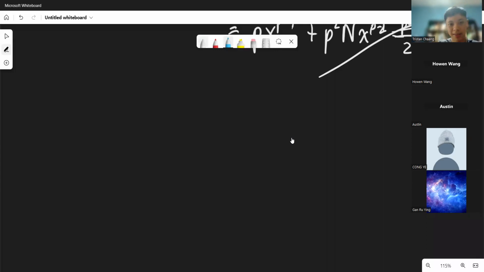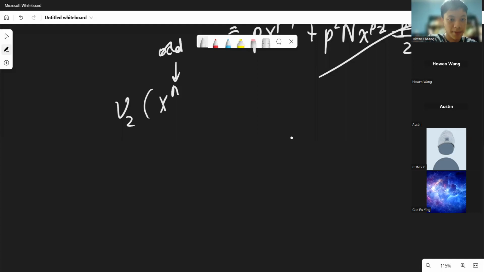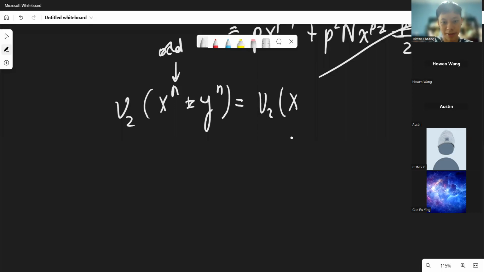So theorem 3 is also quite easy to prove. It's the same thing as just now. V2 of x to the odd number n, plus or minus, we don't care, is always the same thing as V2 of x plus or minus y.